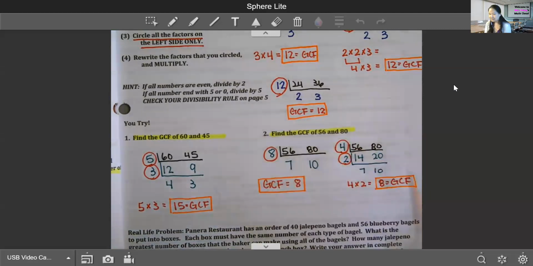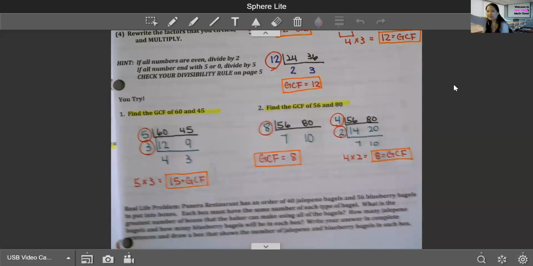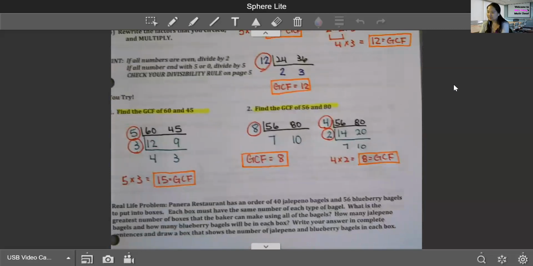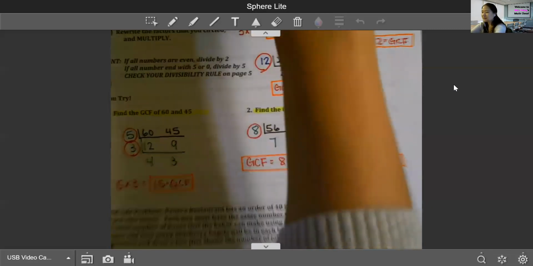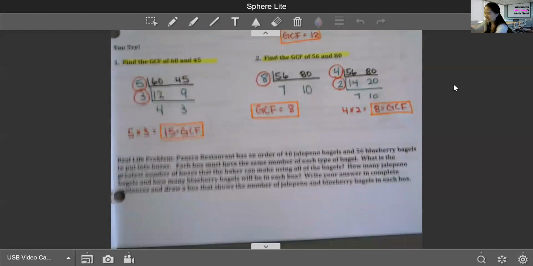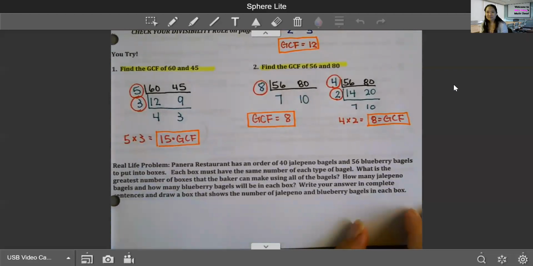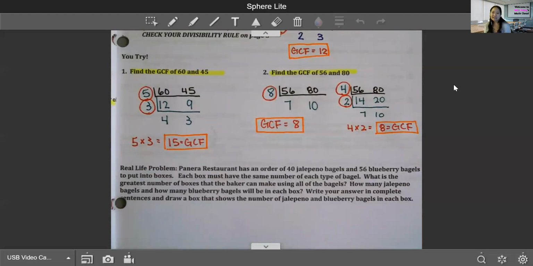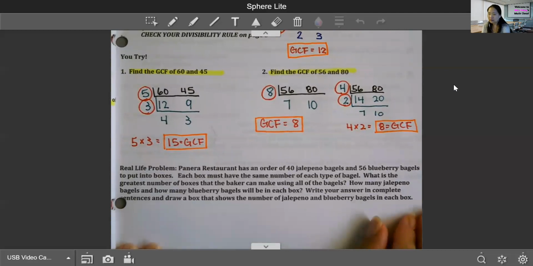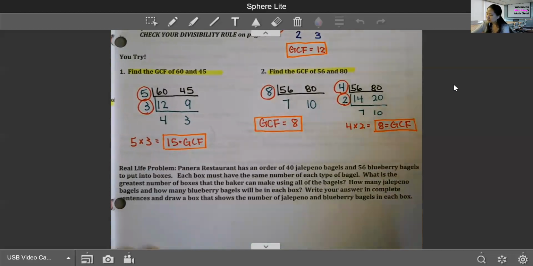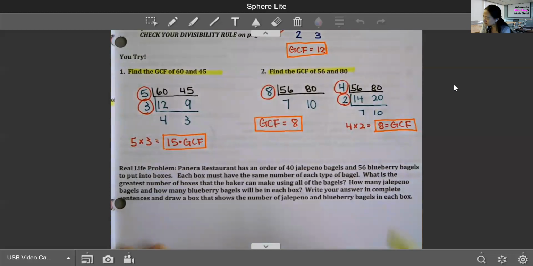Now, how do I apply that in a word problem? It's actually even better, I think. So here I have a word problem, and I chose this problem because I like Panera's bagels. I love their different bagels. Panera restaurant has an order of 40 jalapeno bagels and 56 blueberry bagels.